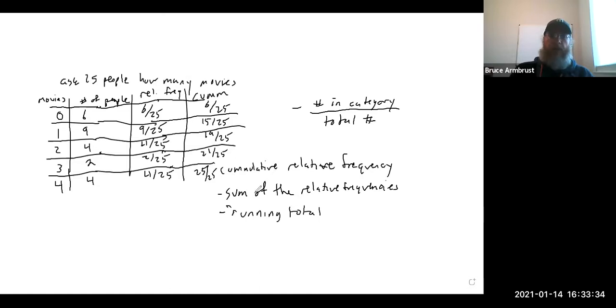So cumulative, just keep adding. So if you look at the tops here, 6, 15, 19, 21, 25, that's what we get as we just add the next value. 6 plus 9 is 15, plus 4 is 19, plus 2 is 21, plus 4 is 25. So cumulative relative frequency, we just keep adding it up.